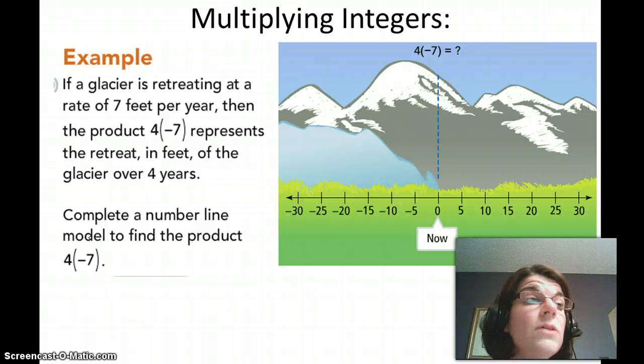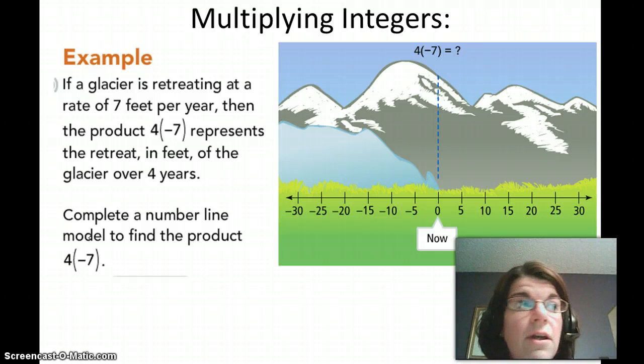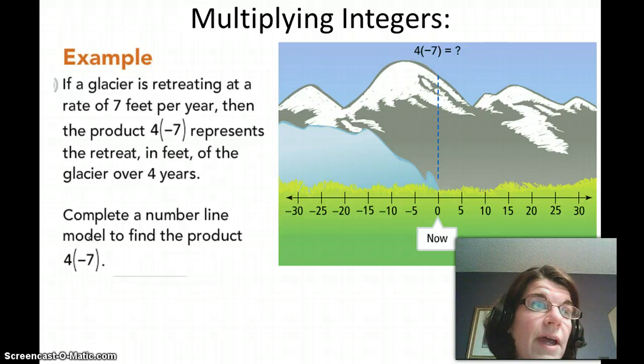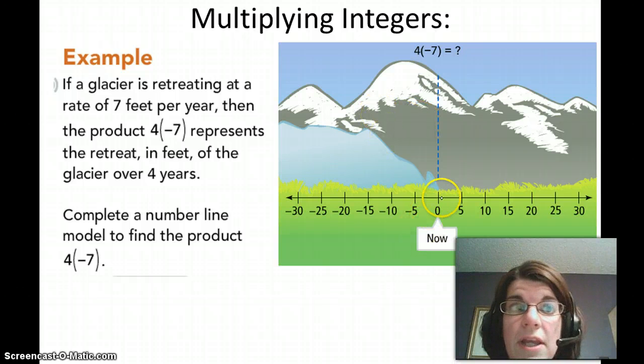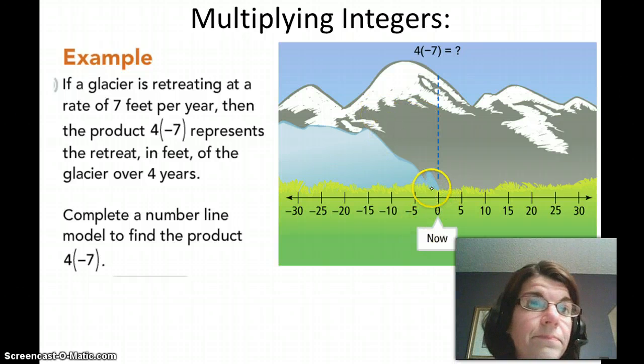Okay, so let's take a look at this example. It says, if a glacier is retreating at the rate of 7 feet per year, then the product 4 times negative 7 represents the retreat in feet of the glacier over 4 years. So complete the number line model and find the product of 4 times negative 7. Remember, multiplication is repeated addition.